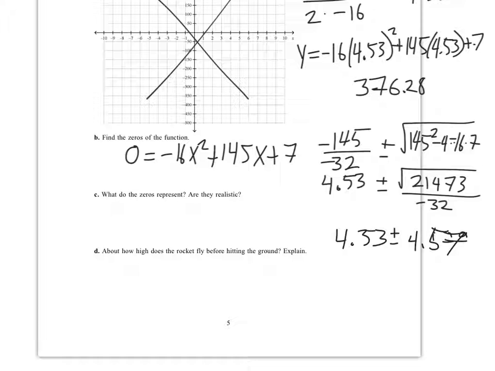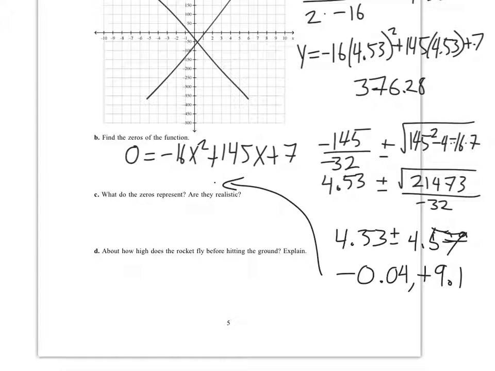And when we do that, we should get something like negative 0.04 and positive, I don't know, it's about 9.1 as our two zeros for this function. So that's up all the way up here.